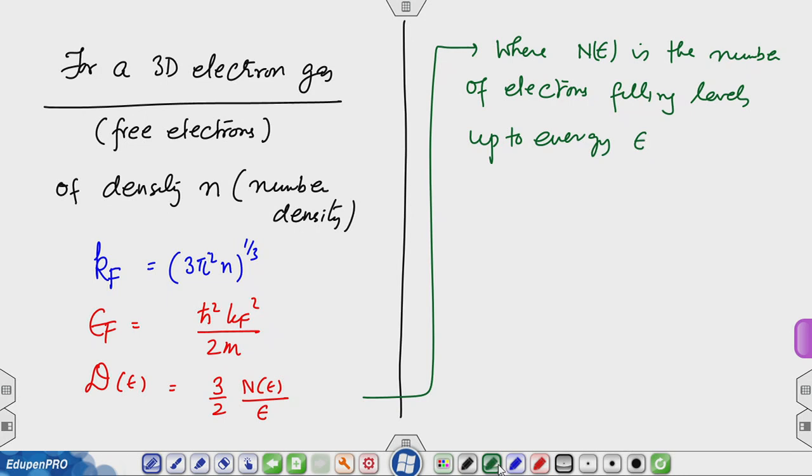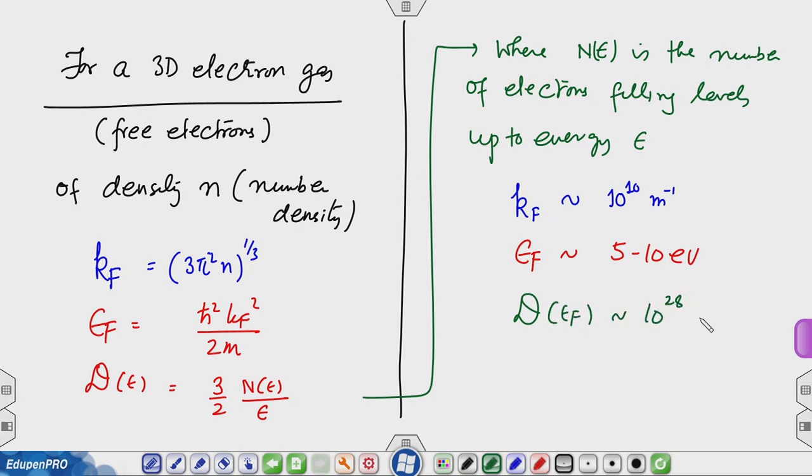And we had seen earlier that kF is of the order of 10 raised to 10 meter inverse, epsilon F is of the order of 5 to 10 eV, and density of states per unit volume is of the order of 10 raised to 28 per eV. So, this part we have covered.